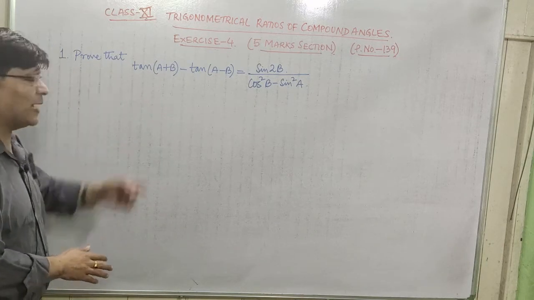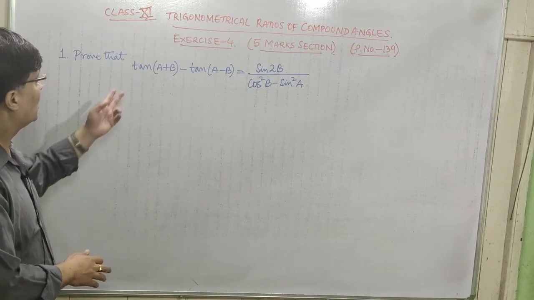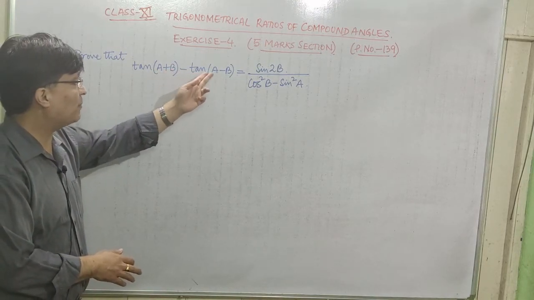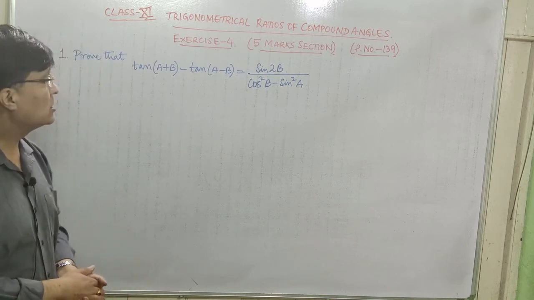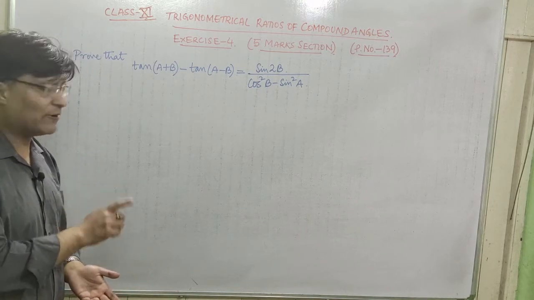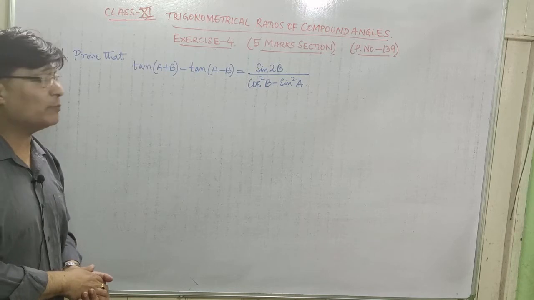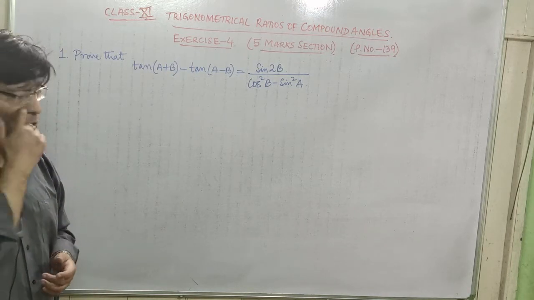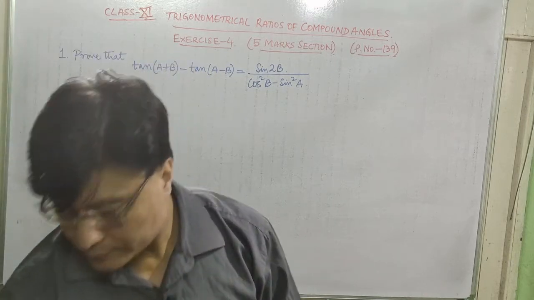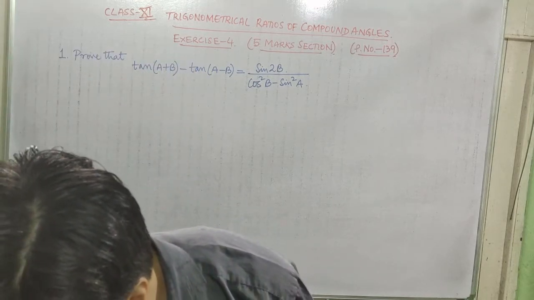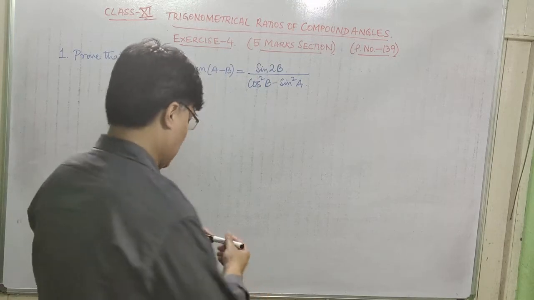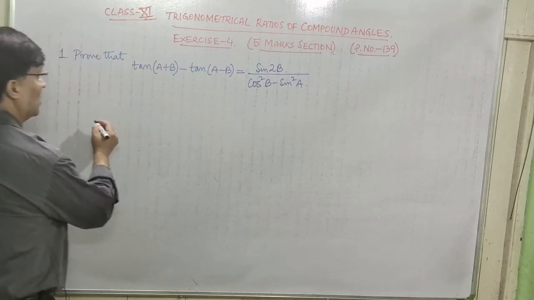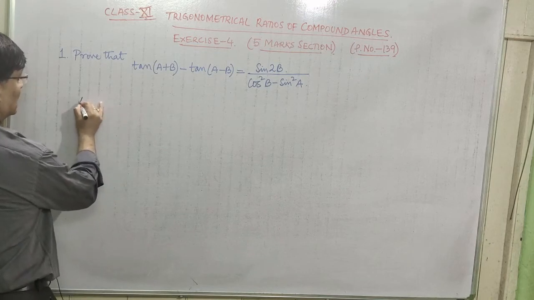So let us prove that tan of a plus b minus tan of a minus b is equal to sin 2b divided by cos square b minus sin square a. So let's do this question now. So now here let us prove LHS is equal to RHS.